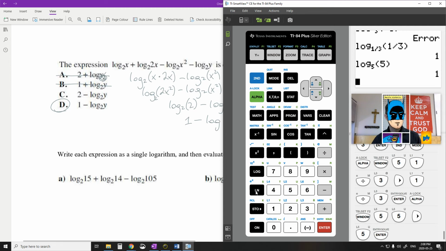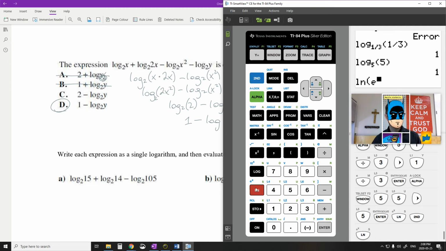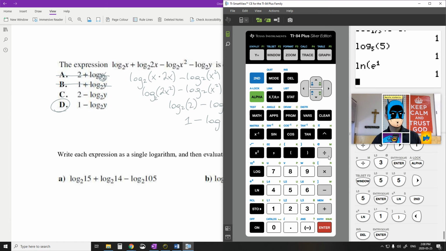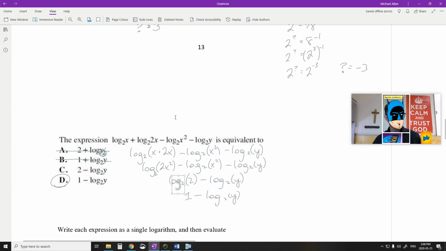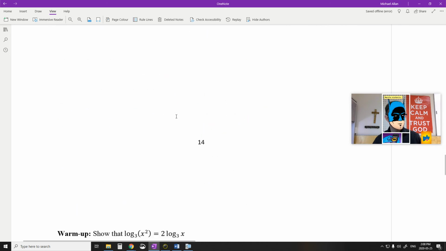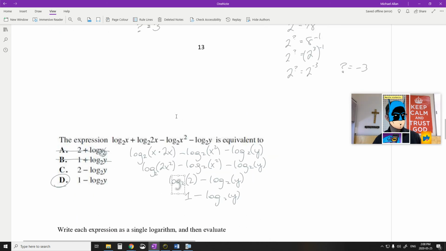So that also means if I take the natural log of e, I get 1 as well. Cool, so that's a very important property. I don't know where I'm going to put that property. Let's put it right here in a box.